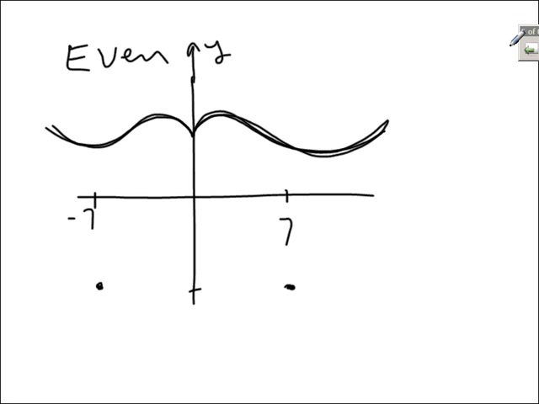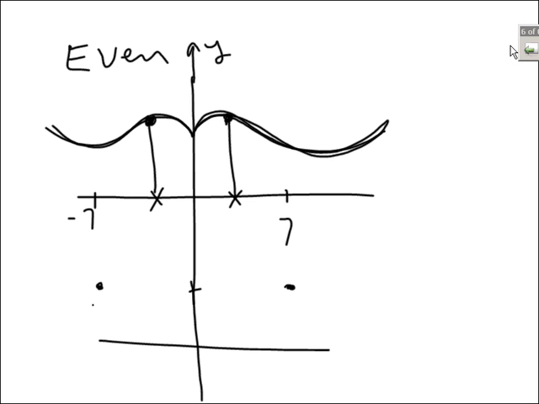Okay, we know it's even. For this x value, you go up that amount. For that same negative x value, you go up the same amount. That is, the y values are going to be the same. They're mirror images across the y-axis. If you come to know that some function goes like that and it's even, then the other side of the y-axis comes for free.